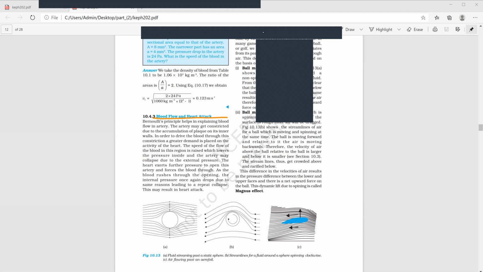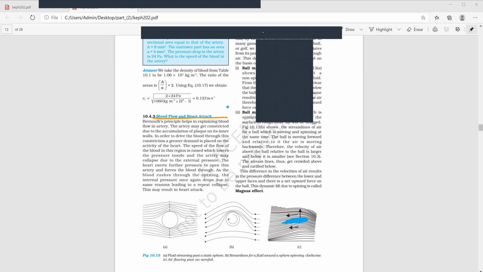Due to bad eating and less physical work, accumulation of plaque on the inner wall of the artery takes place. As a result, the artery gets constricted. In order to drive blood through this constriction, a greater demand is placed on the activity of the heart. When the activity of the heart increases, the speed of the flow of blood in the artery rises.